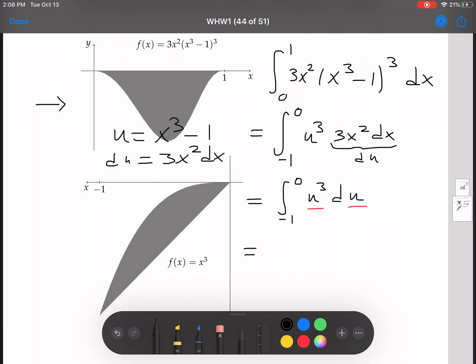You can just use substitution and say, okay, this is the integral from -1 to 0 of x cubed dx. Okay, so they have the same integral, right? So we see that they have exactly the same integral.